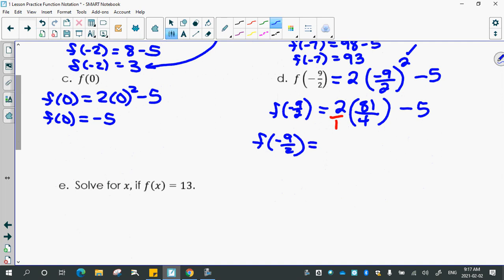So that's going to give me 162 over 4 minus 5. And then I see what 162 divided by 4 is. What is it? 40.5. Thank you.